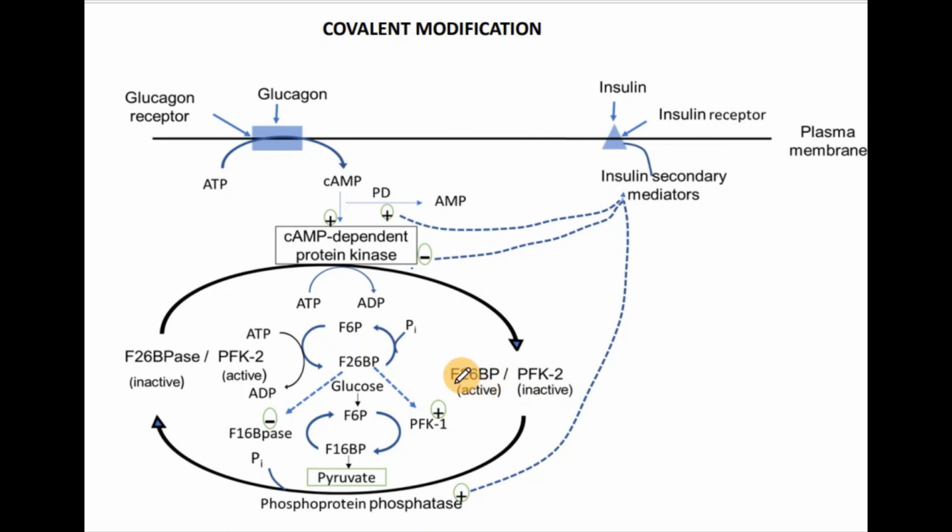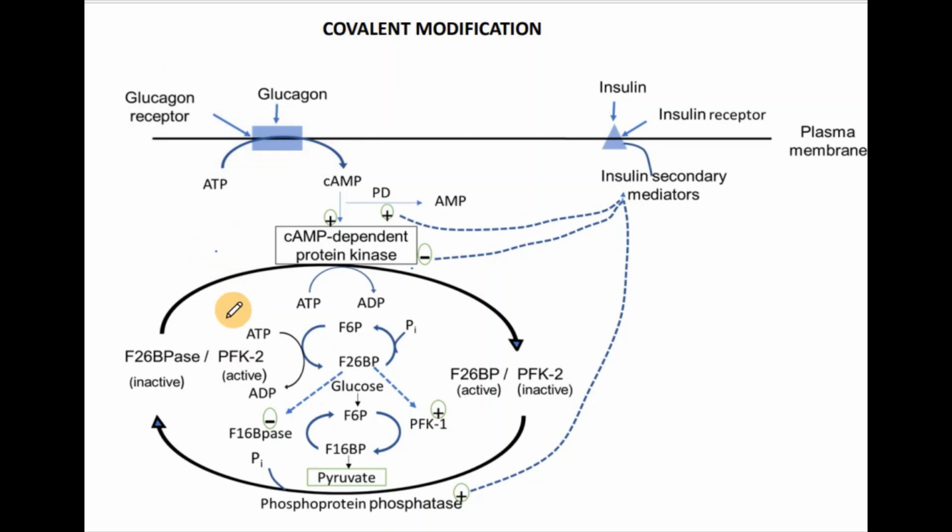We make the fructose 2,6-bisphosphatase active and the PFK2 inactive. In other words, when we dephosphorylate the bifunctional enzyme, we make PFK2 active and fructose 2,6-bisphosphatase inactive. We said earlier that at any point where PFK2 is active, PFK1 is active.